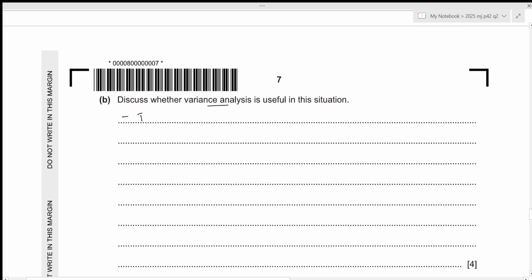So it shows the differences between the budgeted and actual values caused by the change in materials.